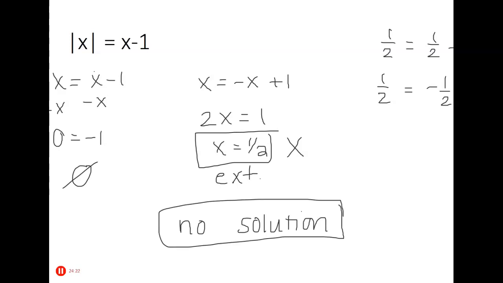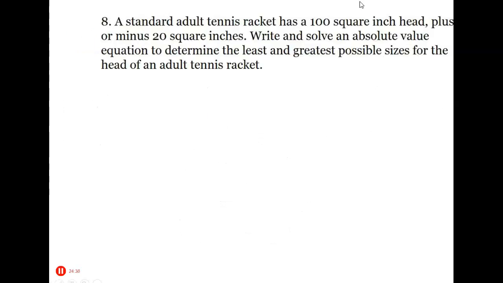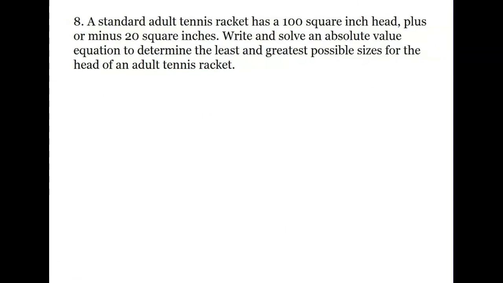There are no values for x that will ever make that true, no matter what you plug in. So there's a difference, and that was kind of the point, between extraneous and no solution.